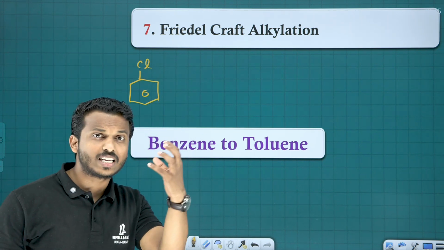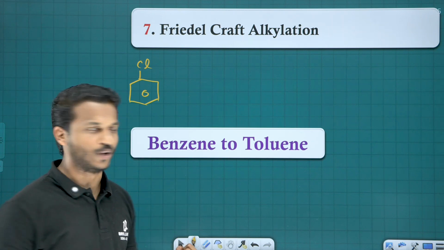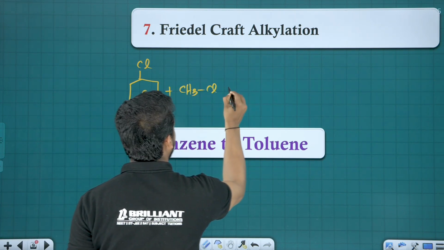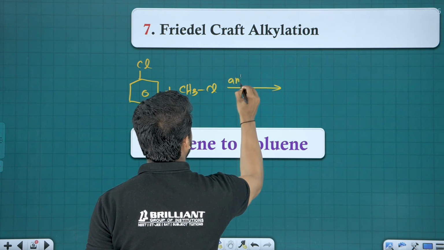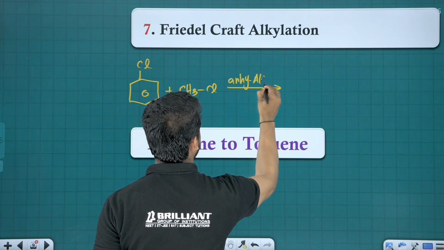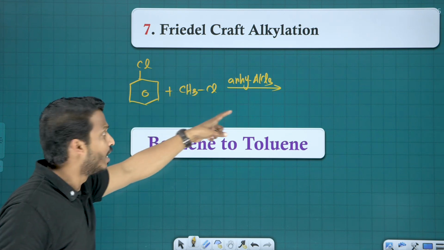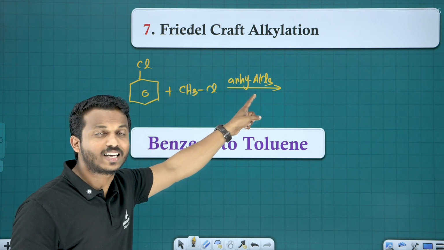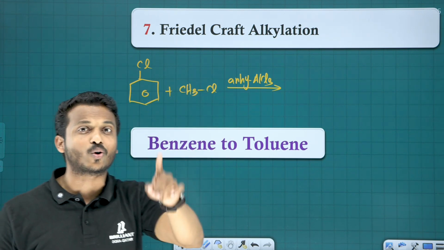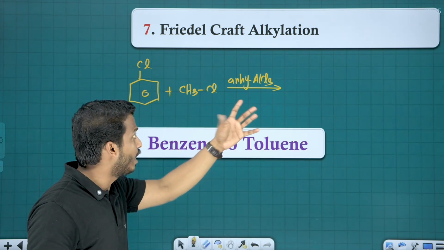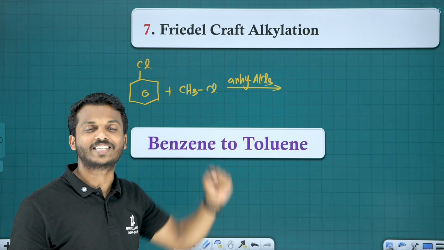You know, halogen is a weak ortho-para directing group, to which let me add CH3Cl, a haloalkane, in presence of anhydrous AlCl3. Dear all, it's a haloarene, it's a haloalkane. If the medium is dry ether and sodium, it will undergo Wurtz-Fittig reaction. Careful. But here no sodium and the catalyst is anhydrous AlCl3.